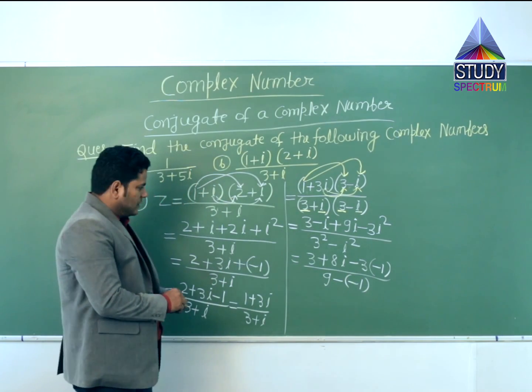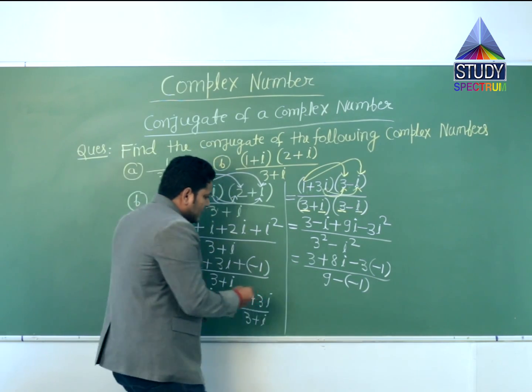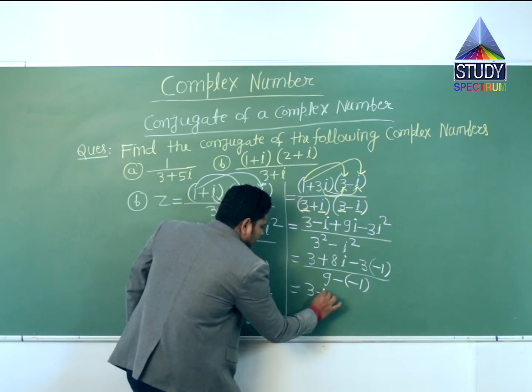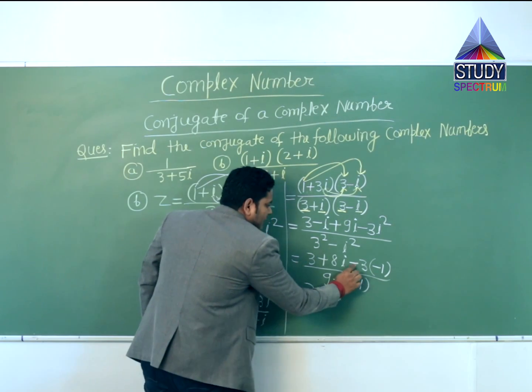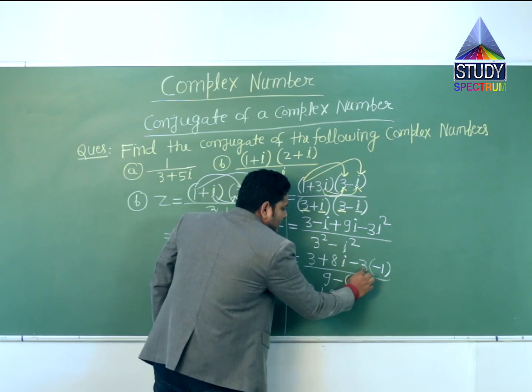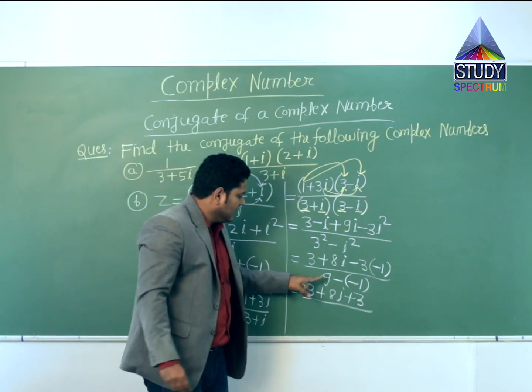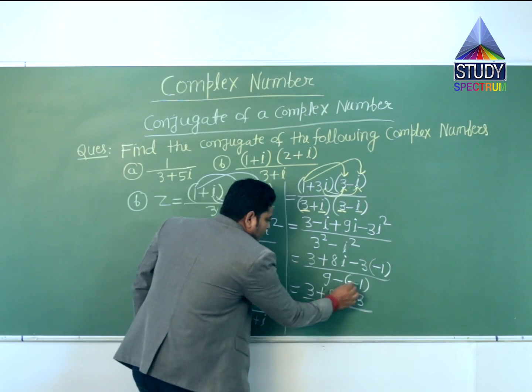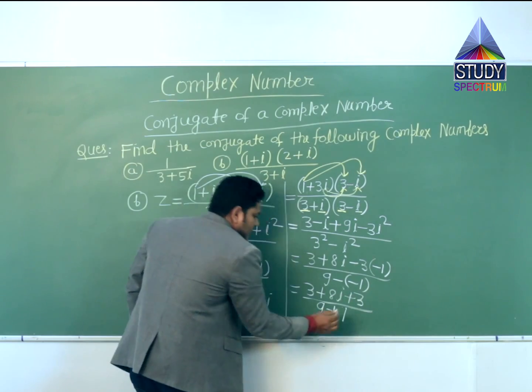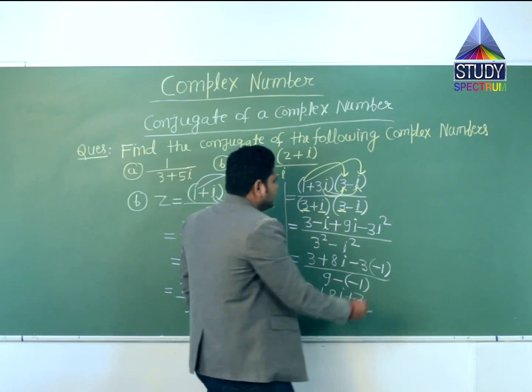Got it? Now we will write 3 plus 8i, minus into minus is plus and 3 into 1 is 3, upon 9, and minus into minus is plus and 1 is there. Okay, got it?